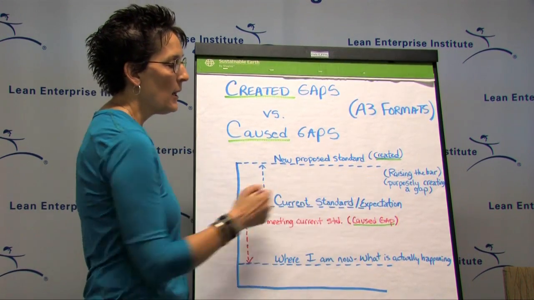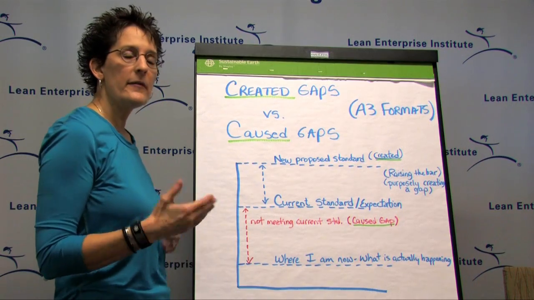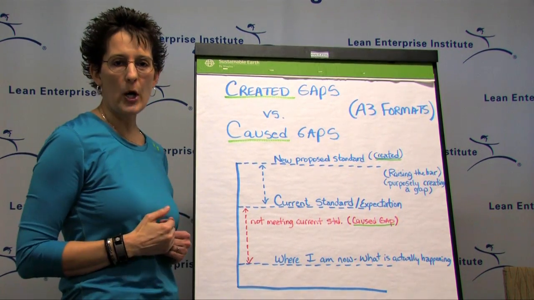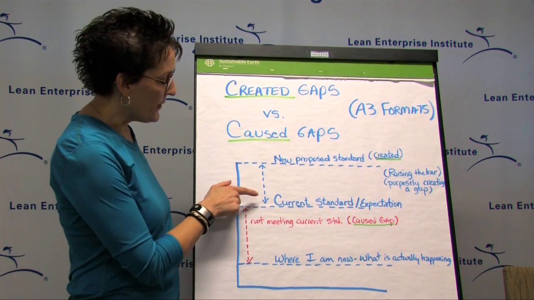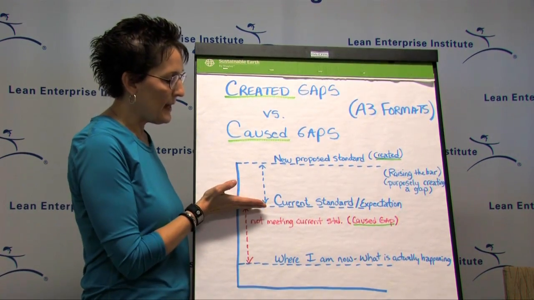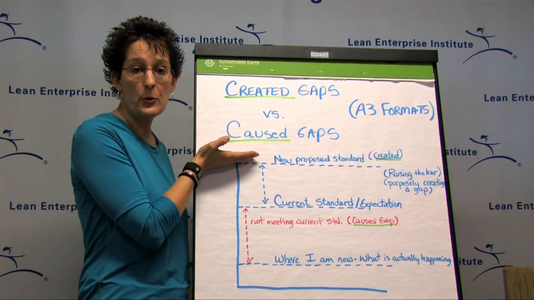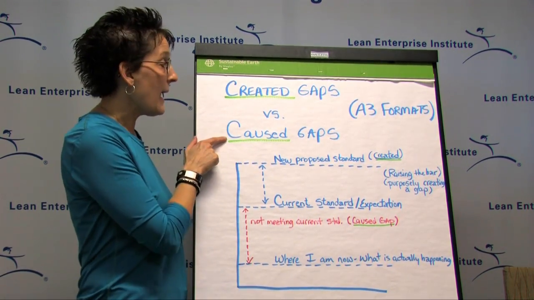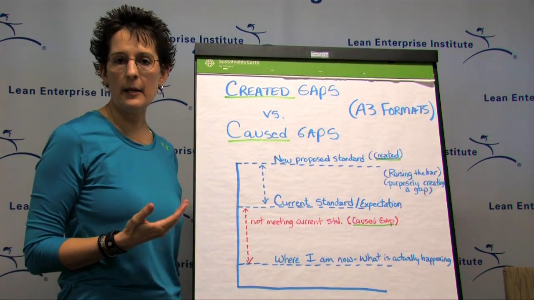I'm going to be purposely creating a gap, or some even call that raising the bar. I'm raising the bar on the current standard. So I'm going from a current state to a new state. That would be a created gap, and more so a strategy A3.